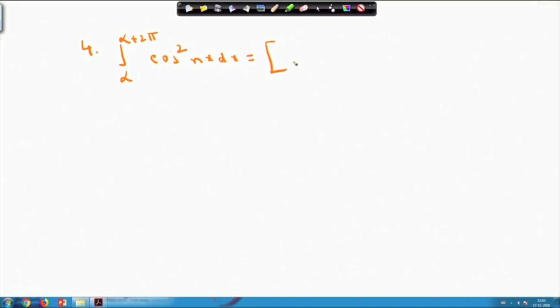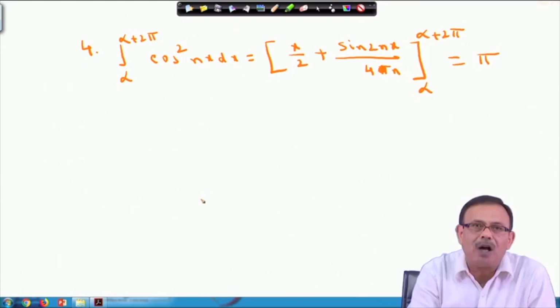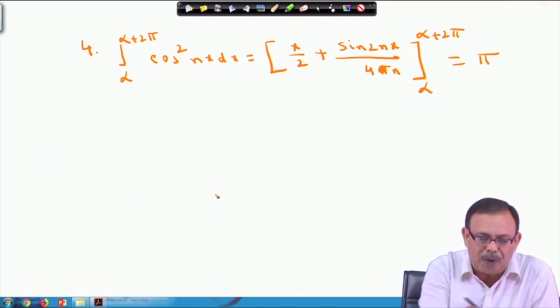If we integrate, this will be x by 2 plus sin of 2nx by 4n, from alpha to alpha plus 2 pi. If you put the limits over here, you will get the result as pi. Therefore, the integral of cos square nx dx from alpha to alpha plus 2 pi is equal to pi.